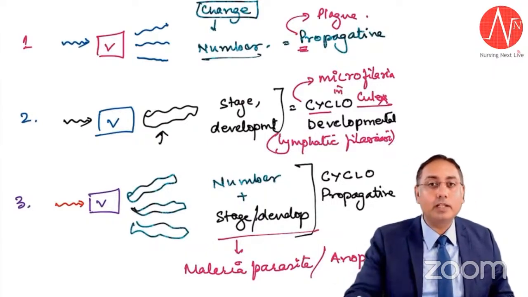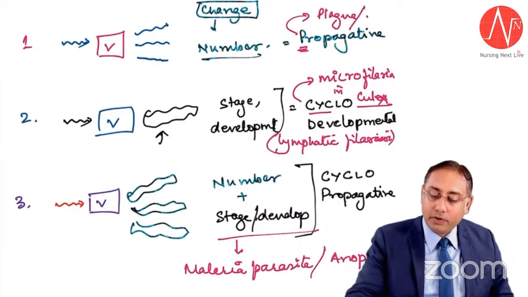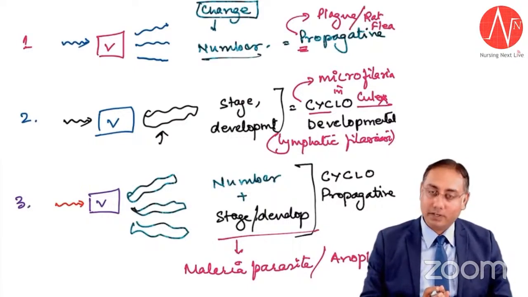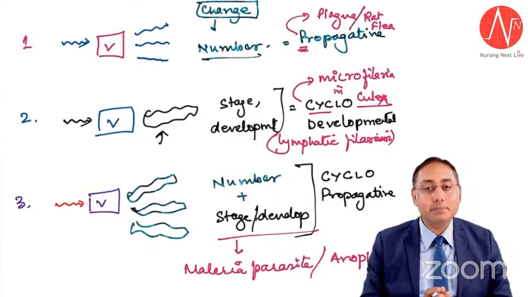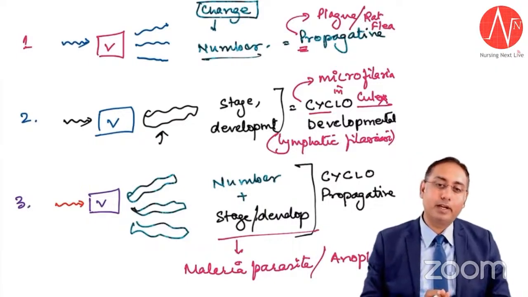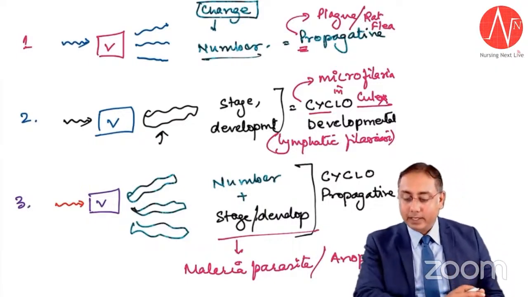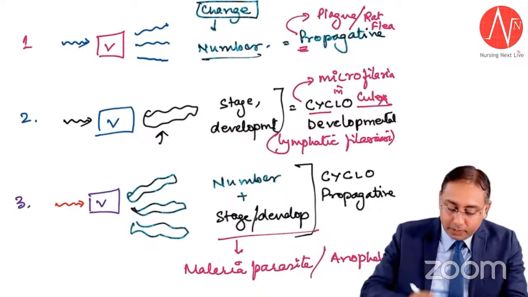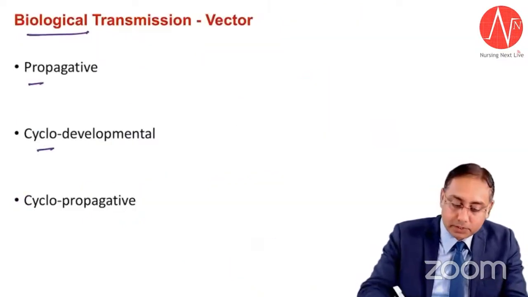Plague, in which vector? We are talking of the rat flea. So plague is rat flea, developmental is microfilaria in culex, and cyclopropagative is the malarial parasite in the Anopheles mosquito. So these are the examples of different biological modes of transmission.